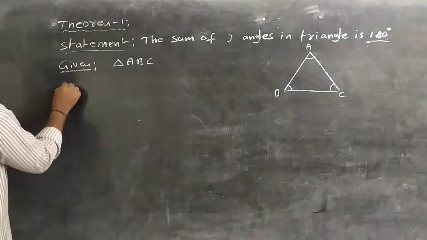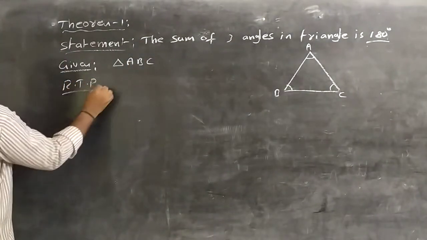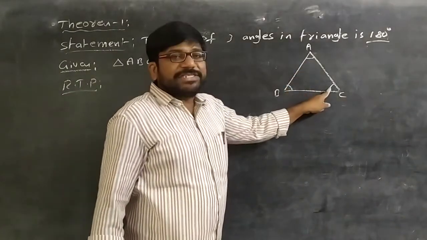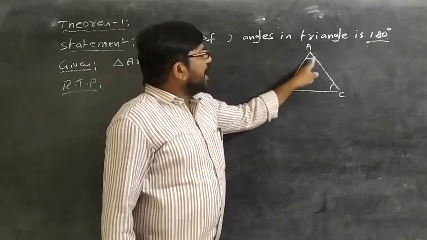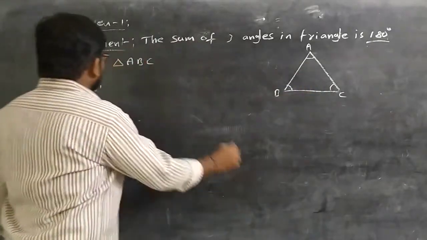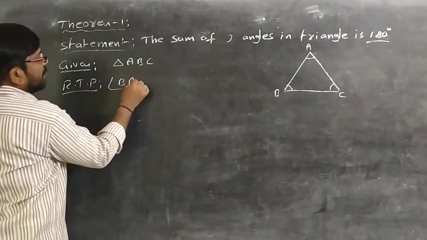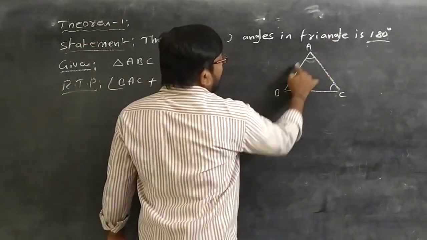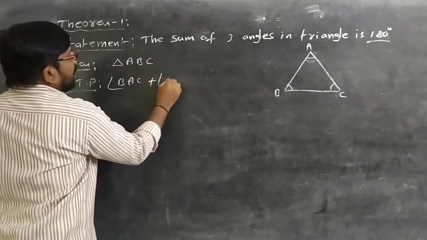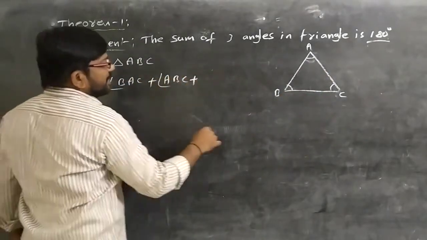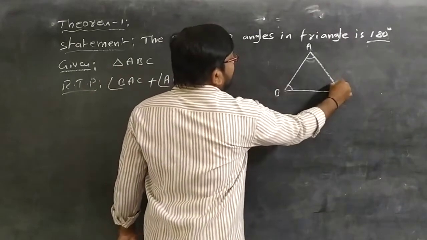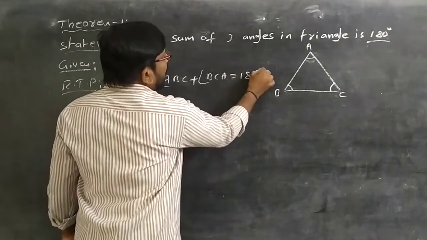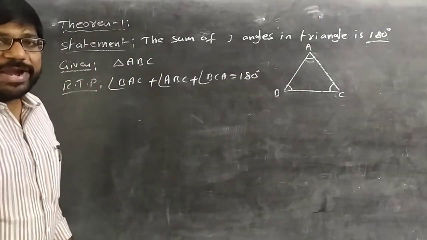And RTP, what you have to prove? The sum of three angles: angle A plus angle B plus angle C. That means angle BAC plus angle ABC plus angle BCA is equal to 180 degrees. Right? That is required to prove.